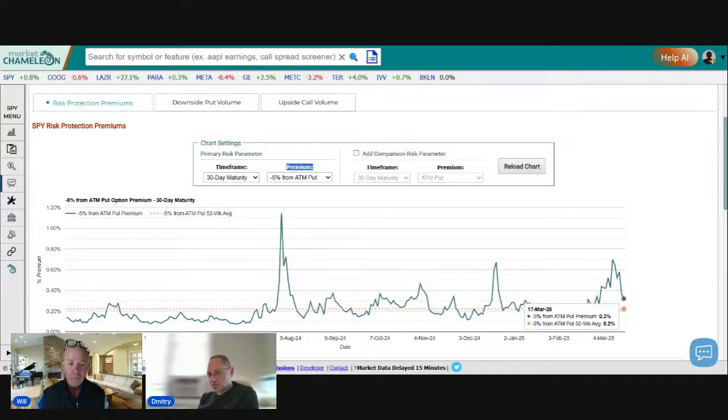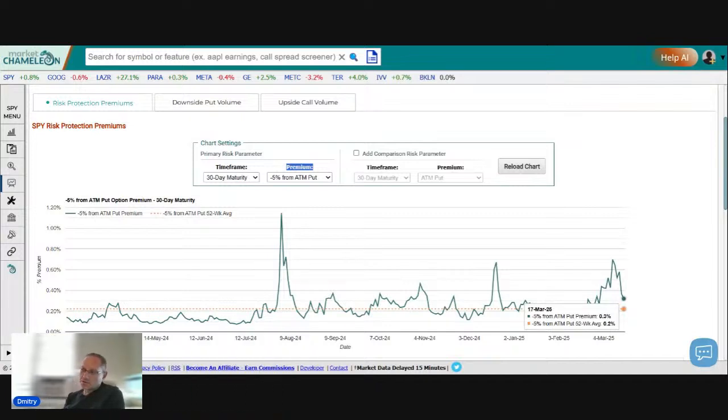But here it's a little bit easier, I think, to put it in perspective of the cost of the option. And it might be even easier to compare one option versus the other.